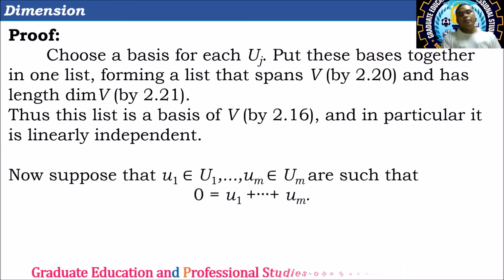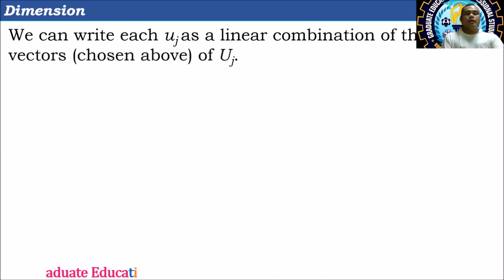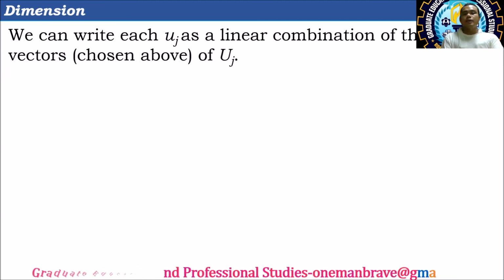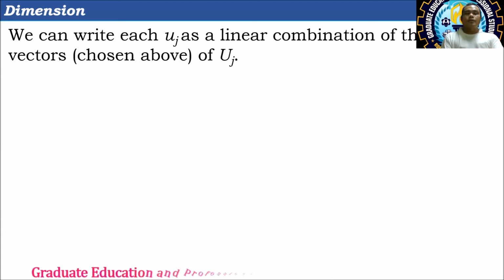Now, suppose that u1 is an element of U1 and um is an element of Um are such that 0 is equal to the sum of the u's. We can write each uj as a linear combination of the basis vectors chosen for Uj.